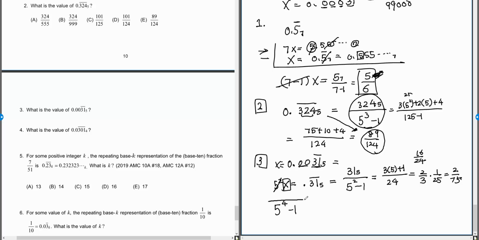And over what is that? 300, 1, base number 5. But this number is still 16. And 5 to the 4th power is how much? 625, right? And minus 1 is 624, isn't it?